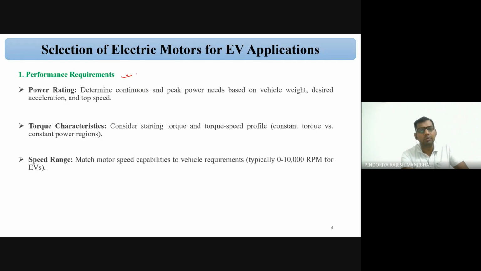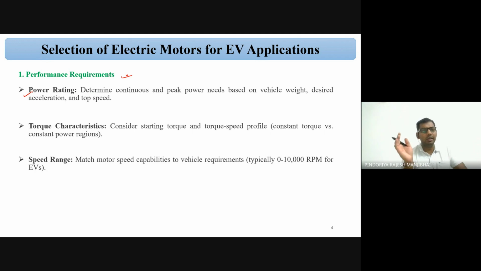Which type of performance are you going to take care of, correct? Performance means we have to consider the electrical parameters as well as the mechanical parameters. The electrical parameter we can say is the power rating of the motor. Both the mechanical and the electrical power rating, because we have to see the electrical power as well as the mechanical power.